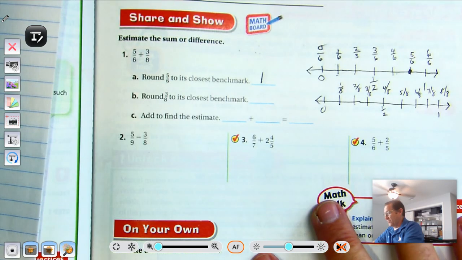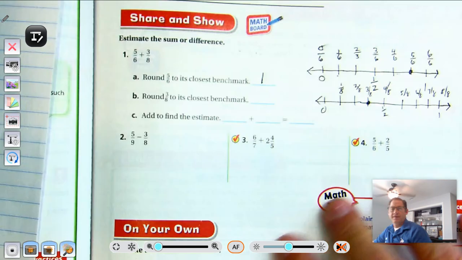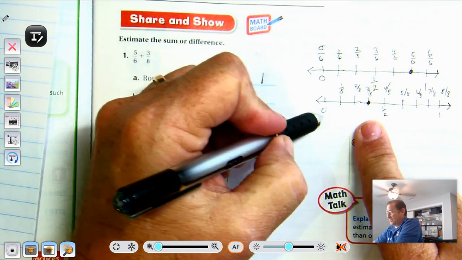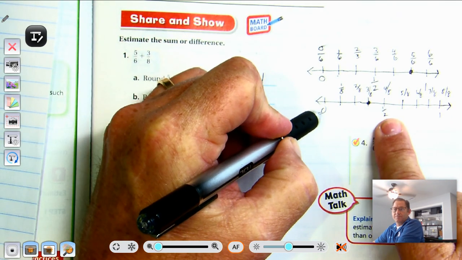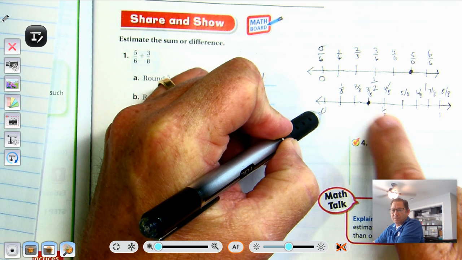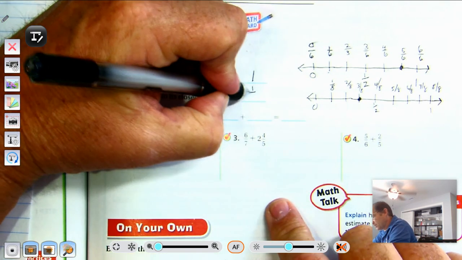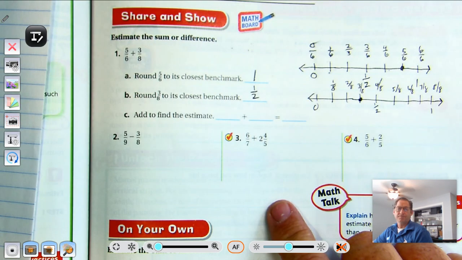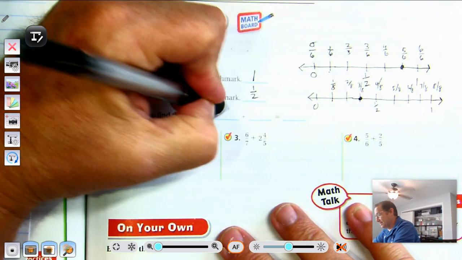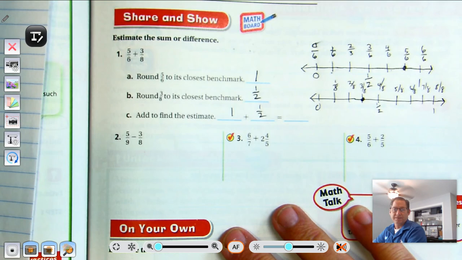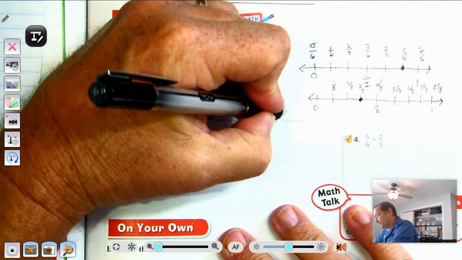All right, and we'd find 3/8 on the number line. And 3/8, is that closer to 0 or is it closer to 1/2? It's closer to 1/2. So it's around 3/8 to 1/2. Now all we have to do is add to find our estimate. 1 plus a half is 1.5.